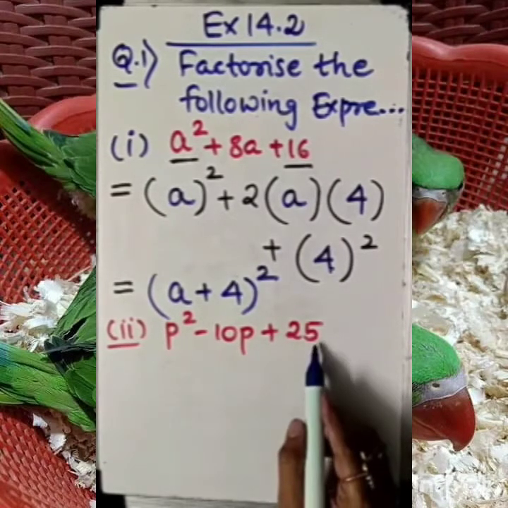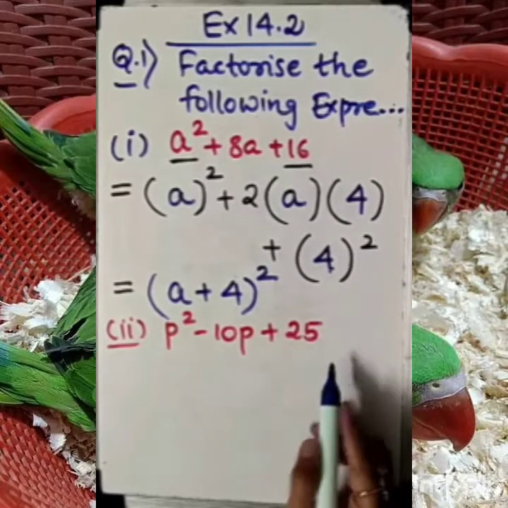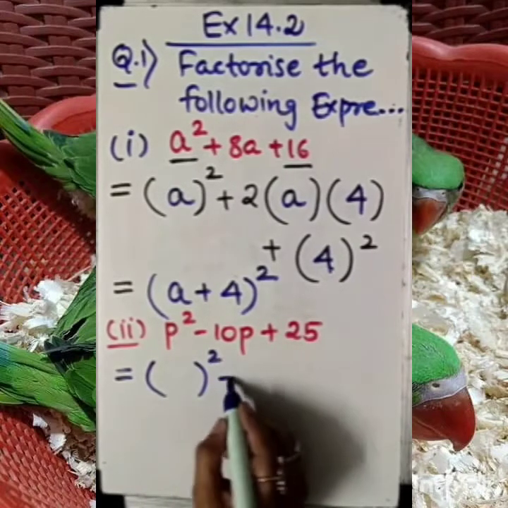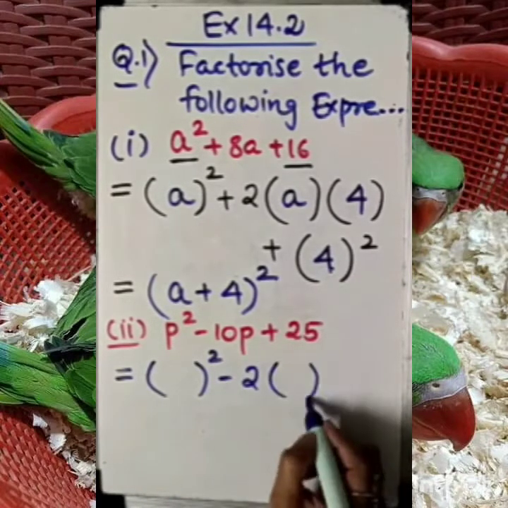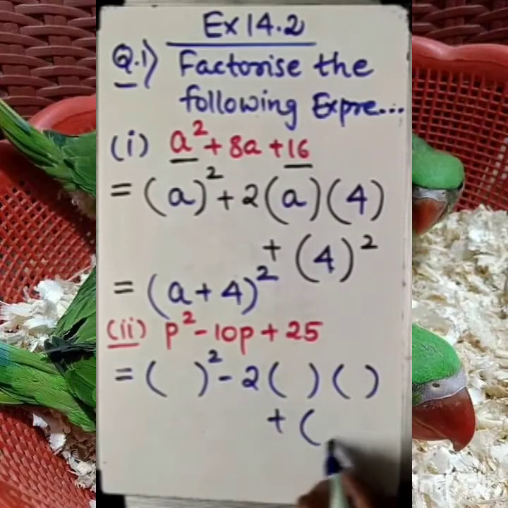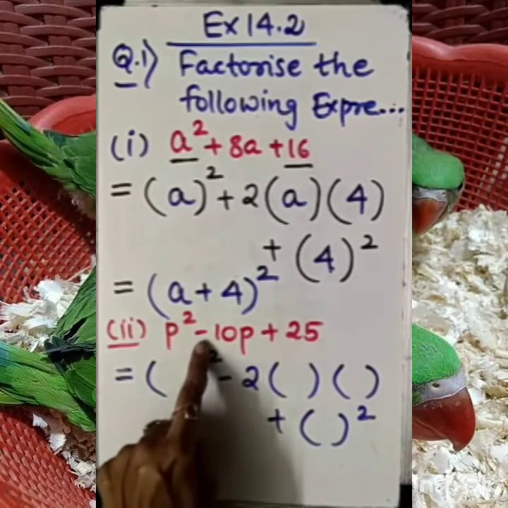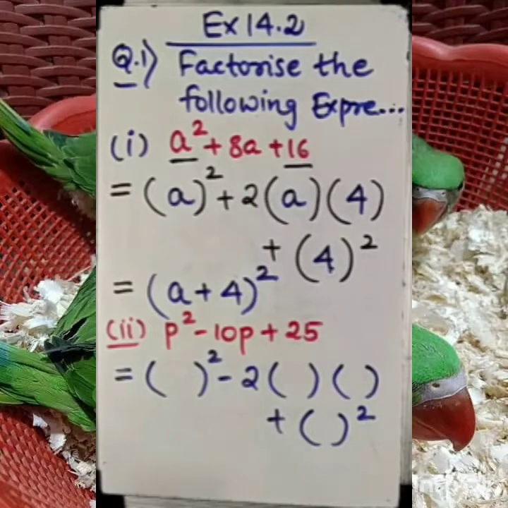The last term 25 is also a perfect square of 5. So we need to mention here a square minus 2ab plus b square. What is the reason? Here we are applying the second identity, because of this minus sign.